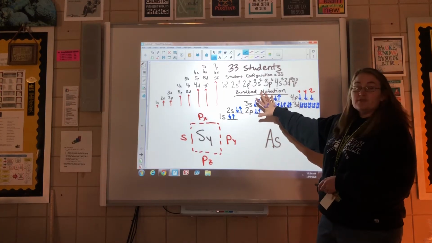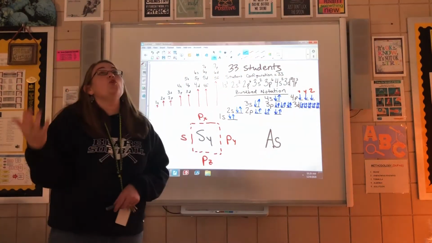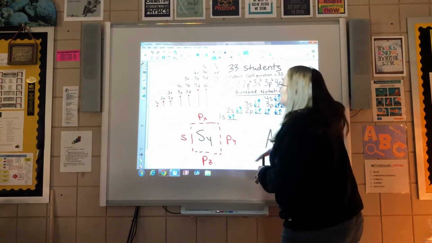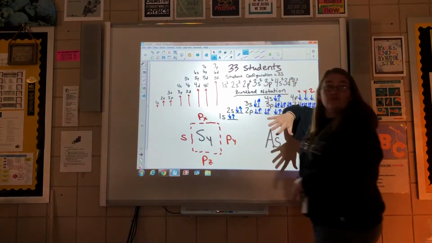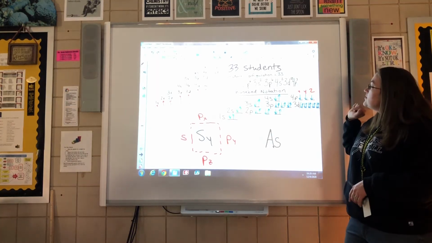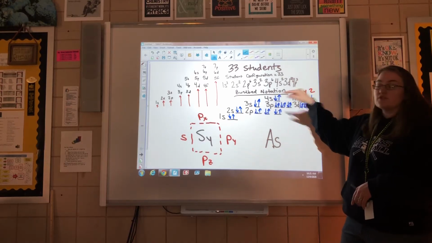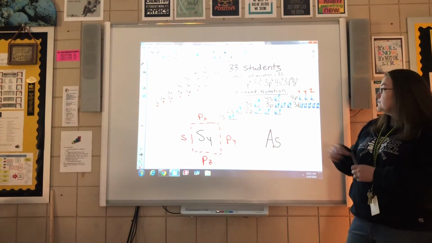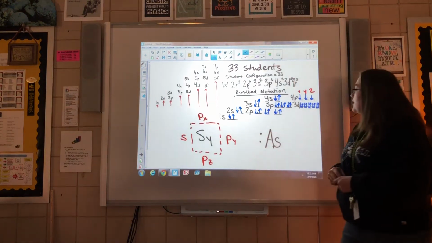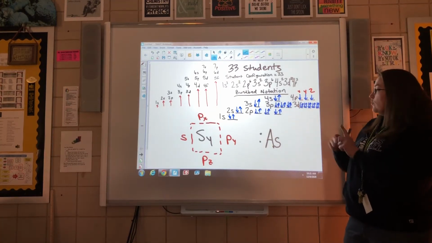Now if I look at this notation for arsenic and I'm looking at the highest level used, what is the highest floor used? The highest floor that I can go to is 7. But the highest floor that I'm using is 4 right here. Okay? So if the highest floor that I'm using is 4, how many are in that 4th floor Sunnyside room? How many people? 2. So I can put 2 dots right here. How many people are in the PX bunk bed? 1. So I'm going to put a dot here.